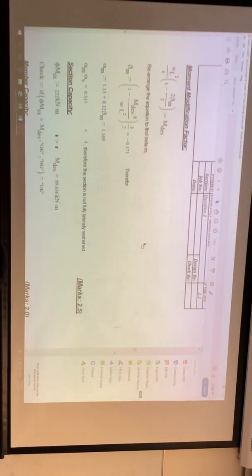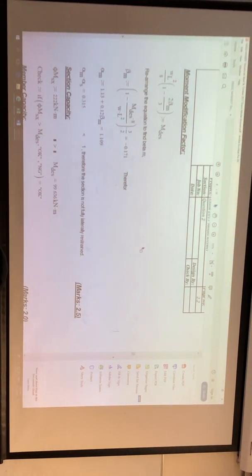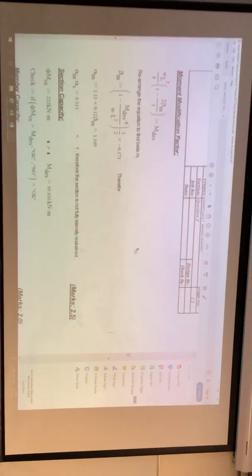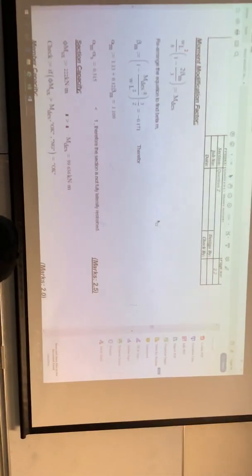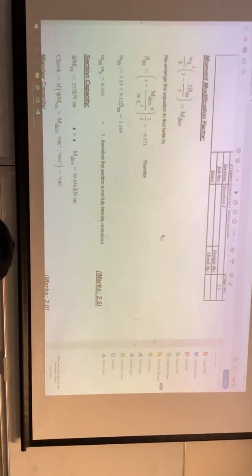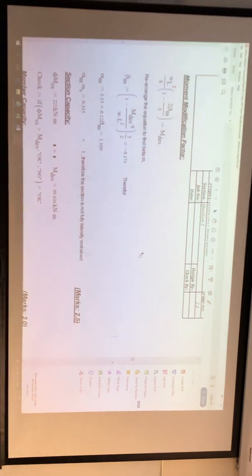So the easy way is just go and use the formula, right? But in the exam, even if it's the formula one, it will be quite simple. It won't be the curve one, right? Because the curve one is quite hard to find the moment at those different locations.